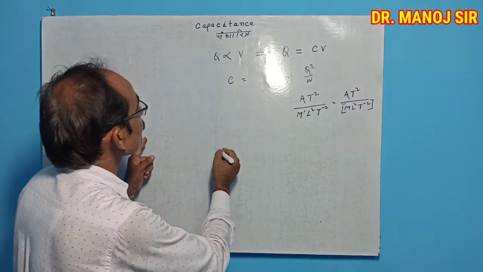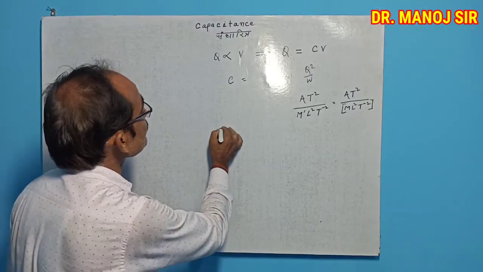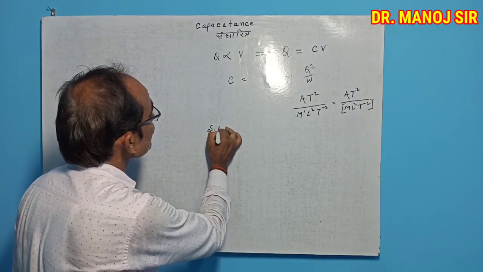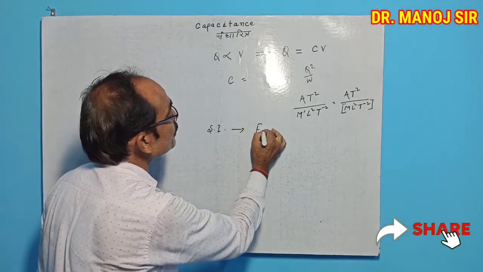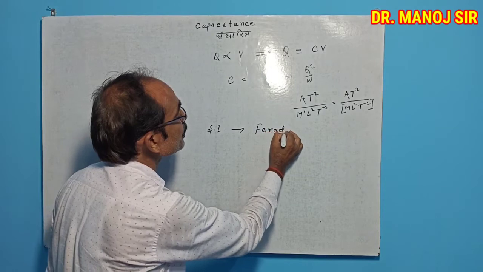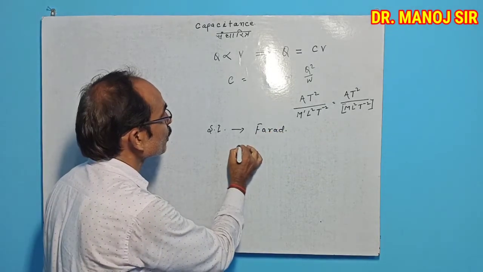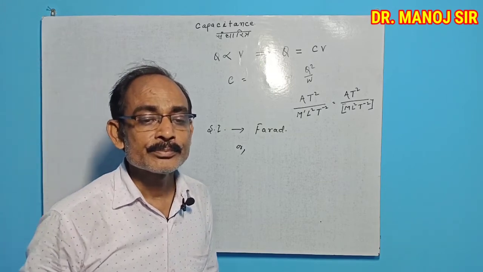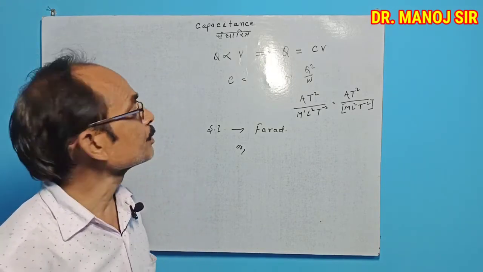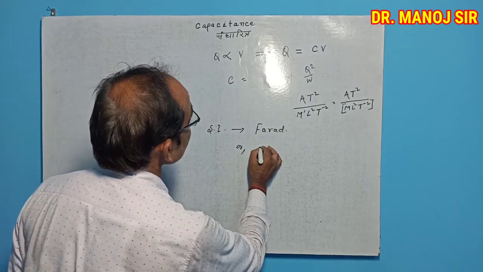The SI unit of capacitance is farad, or coulomb per volt.